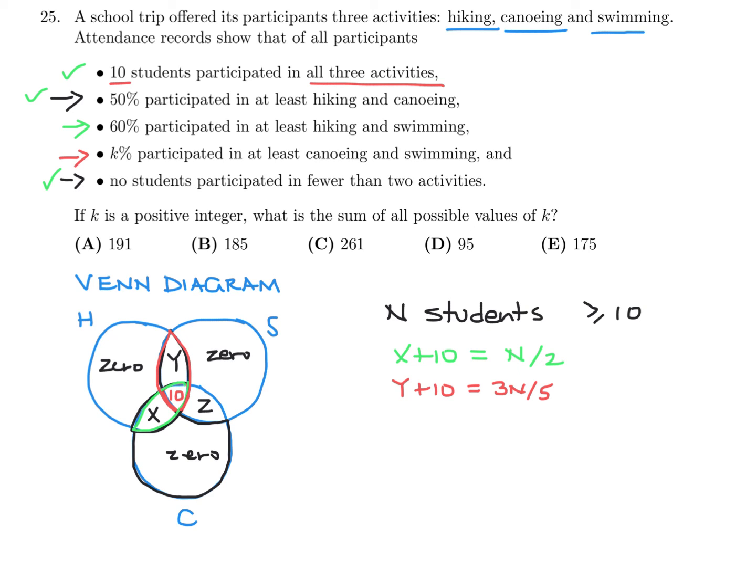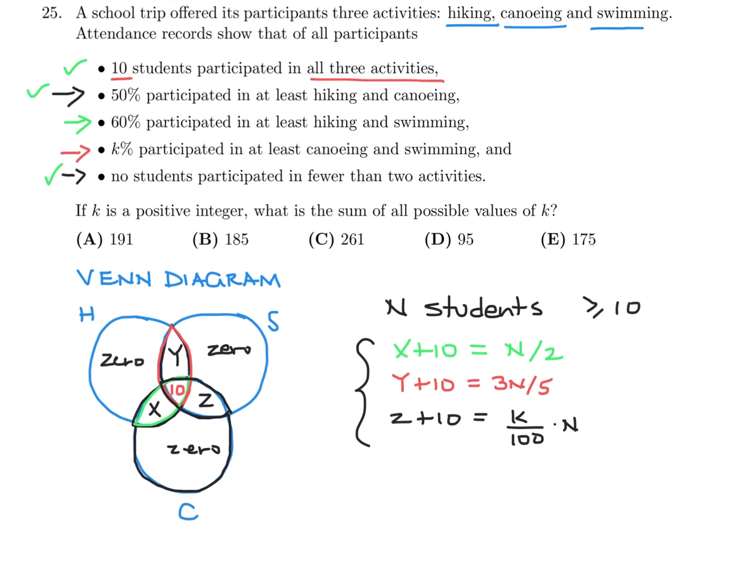This region is Z plus 10, and they're saying that's K percent. So it's K over 100 times N. Right? Because if it was 50%, it would be 50 over 100 times N. Okay, so this is the algebra, and let's see what we can do.